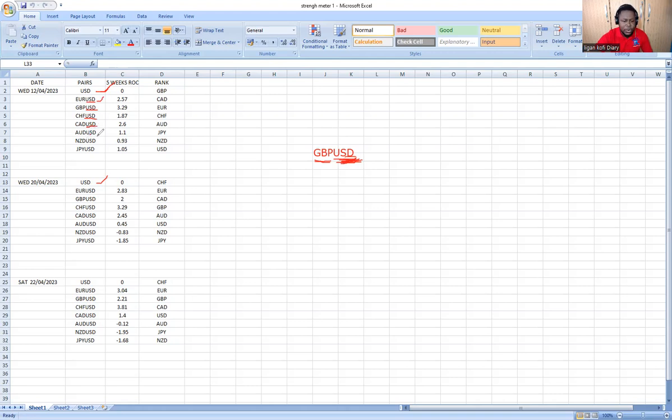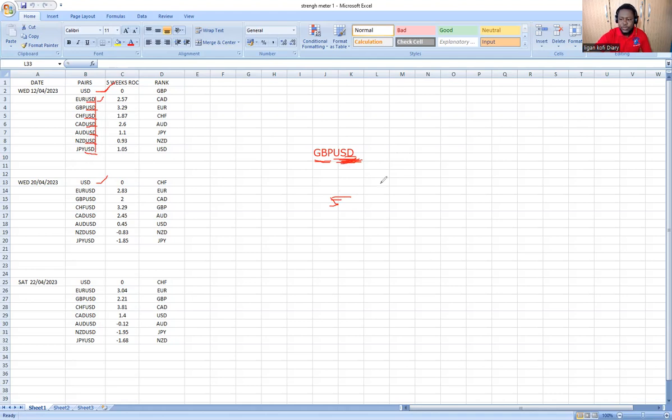AUD USD, quote currency. NZD USD, quote currency. And then JPY USD, quote currency. So you see that USD is the second currency throughout, because I decided I want to use USD. If you decided you wanted to use maybe Euro, it means that Euro will become your second currency throughout. Does this make sense?